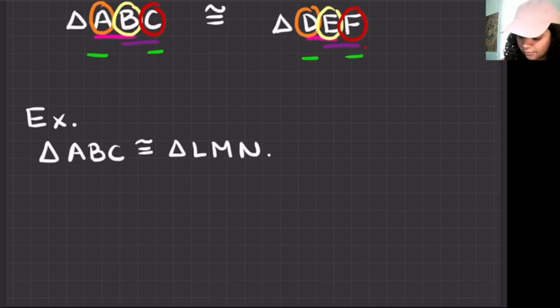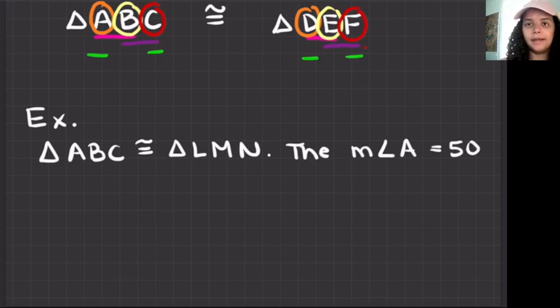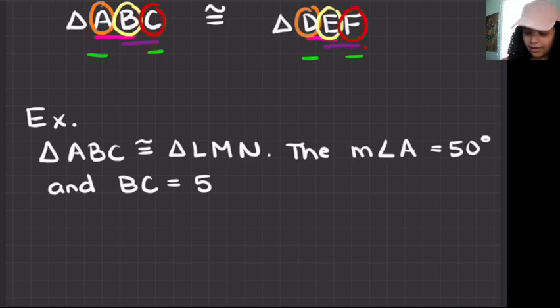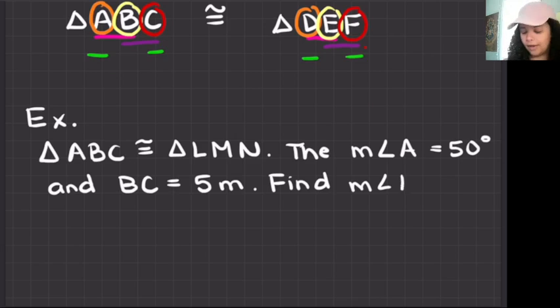Then I say, hey, the measure of angle A is 50 degrees, right? And BC is 5 meters, okay? And then I tell you find the measure of angle L, okay?